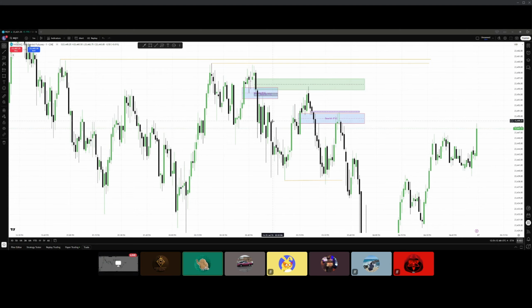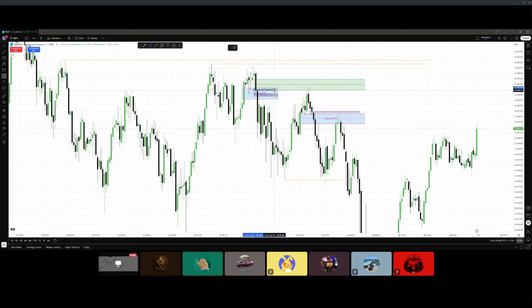I wouldn't want to take anything in this area, due to the fact we had all this chop and then more chop. The market is going down and taking more sell side liquidity, but you don't truly know how far back up it could come, because the market can come back up.